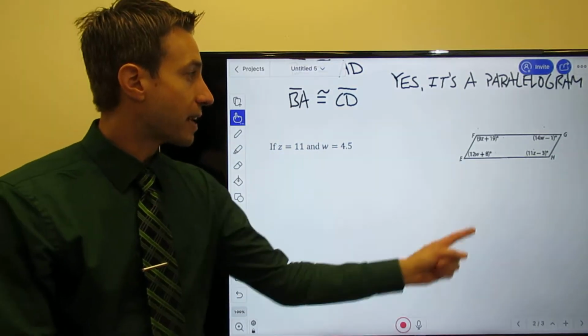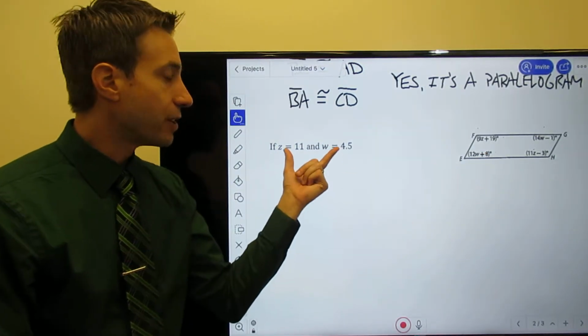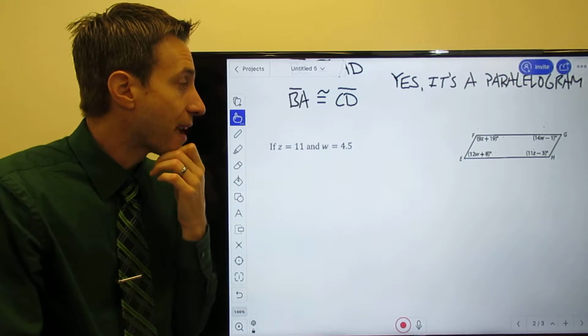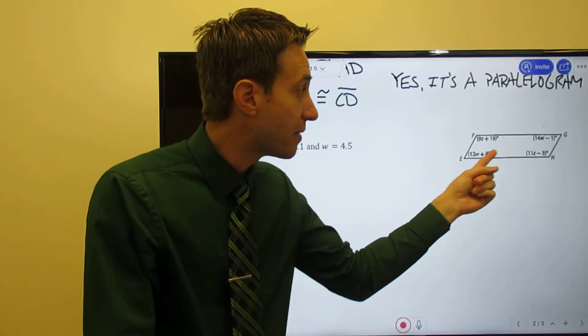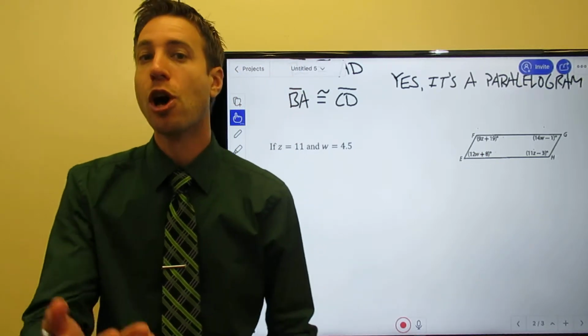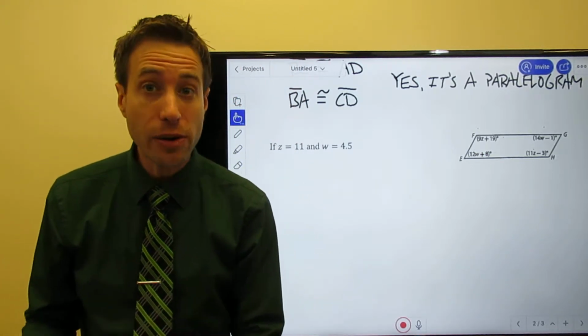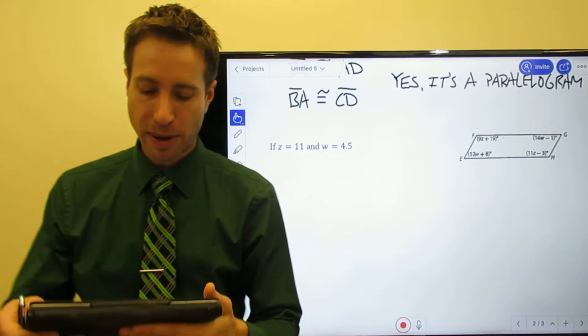All right, let's try another one. I've given you a figure and some information about that figure. In this case, please notice that the information you've been given is about the angles. What do we know about the criteria for the angles of a parallelogram?